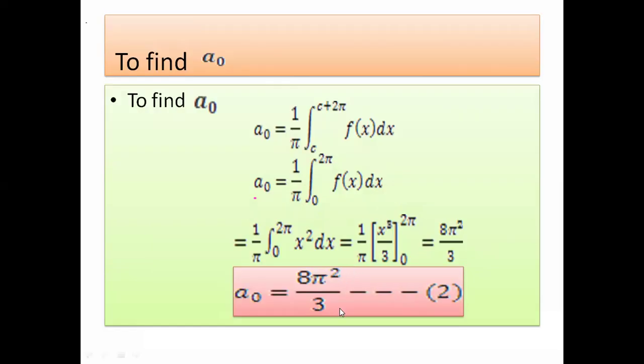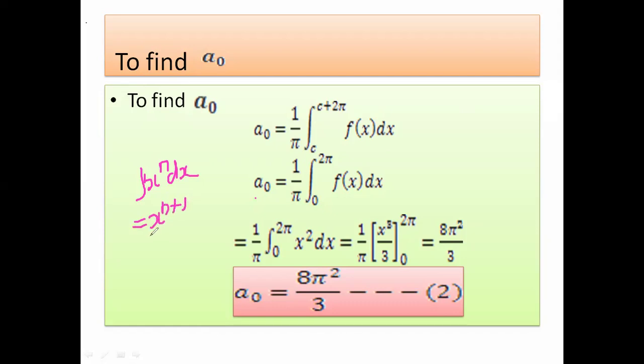What is f of x given? F of x is equal to x square. Now integrate using the formula for integral of x power n, which is x to the power n plus 1 divided by n plus 1.